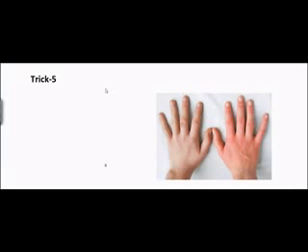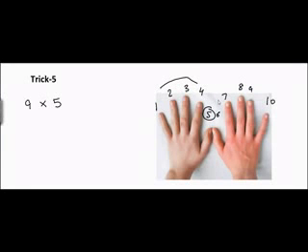Welcome to trick number 5. Say these are your hands and we number these hands. Suppose you have to multiply 9 by 5. All you have to do is count 1 2 3 4 5. Look at the 5 and then say 4, and then you have 5 fingers here, so it's equal to 45.